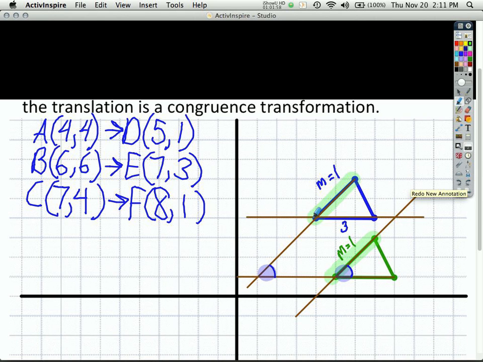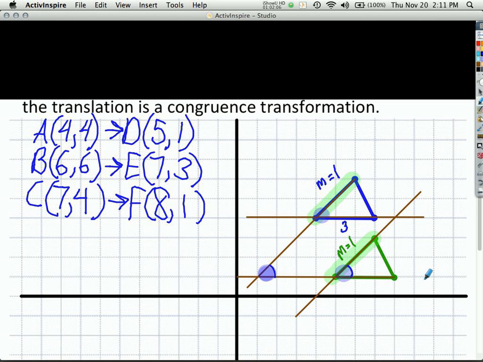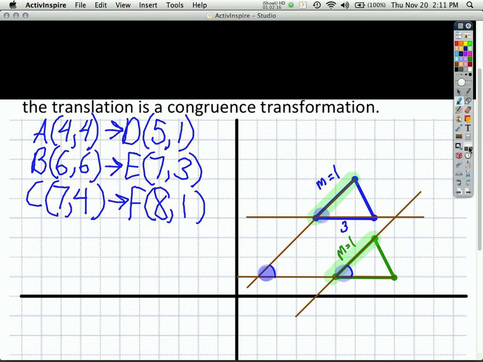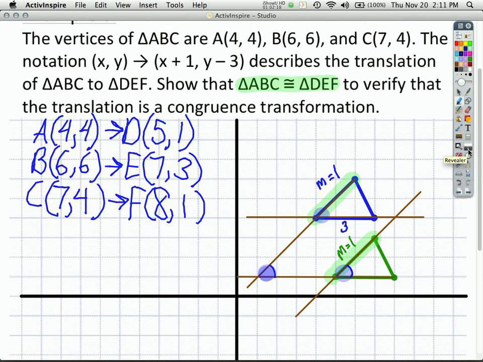So if those two lines are parallel, what could you say about this and that? This angle and that angle. What could you say about those two? Alexander?